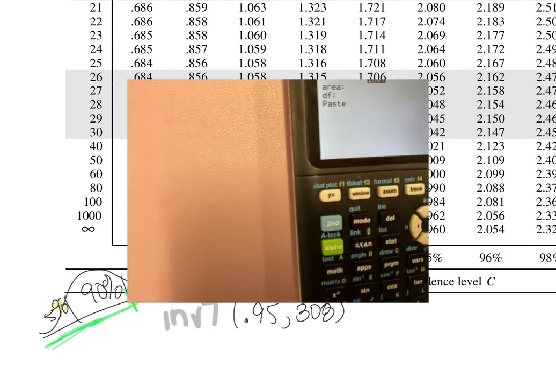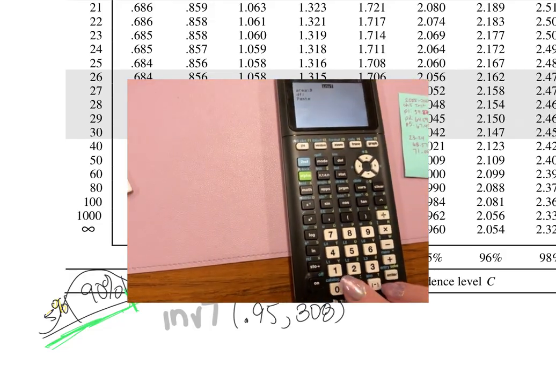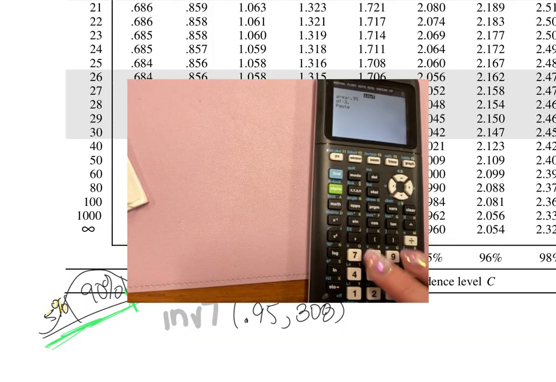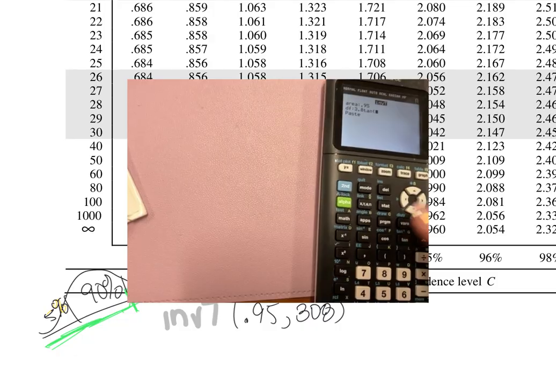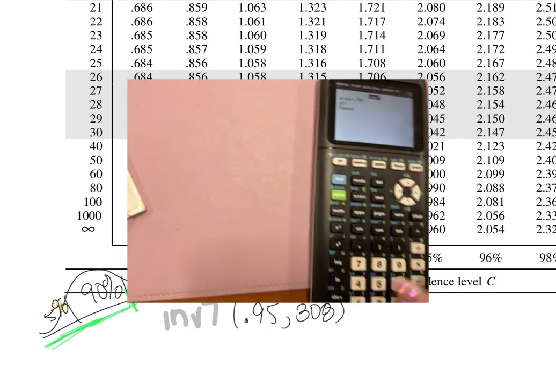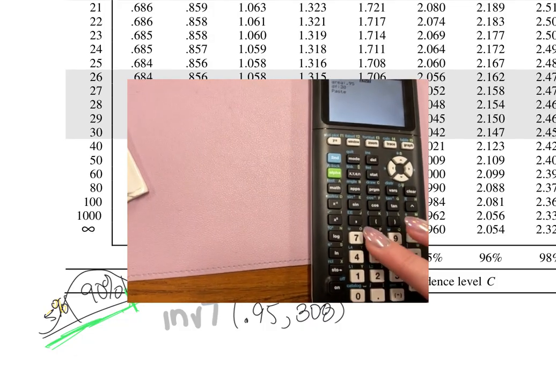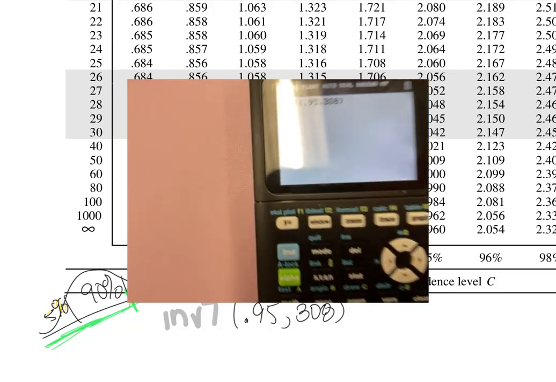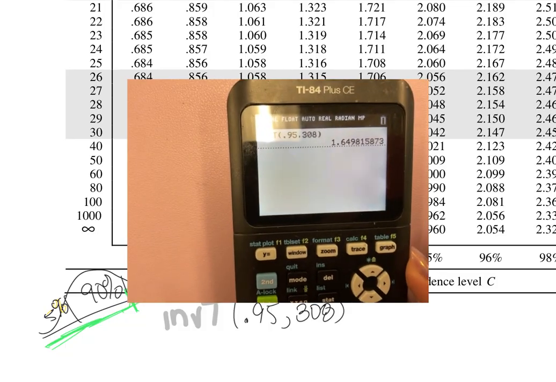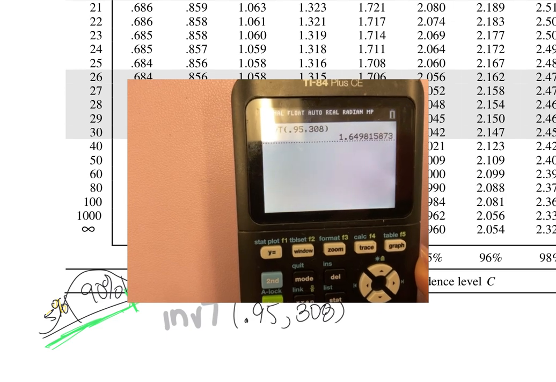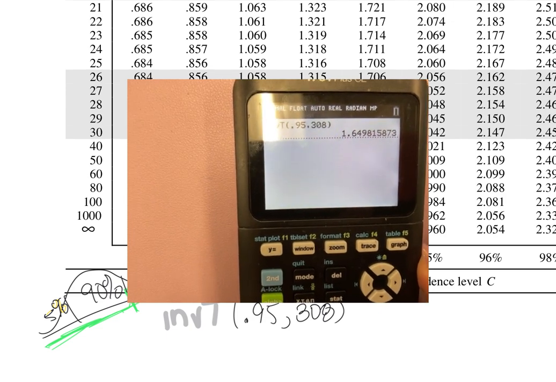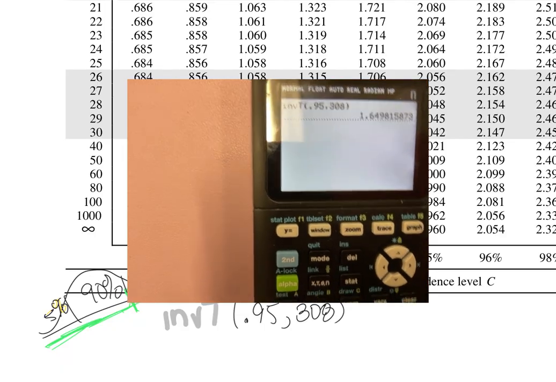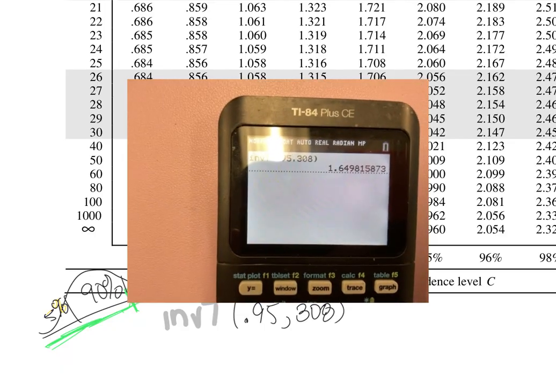And I'm going to put in 0.95 for my area. My degrees of freedom of 308. Let's try that again. 308. And then hit paste. And it gives me 1.6498, which is 1.65 basically.